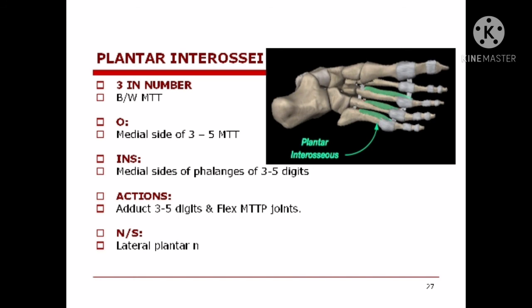They arise from the medial side of the third, fourth and fifth metatarsal bones. The insertion is on the medial side of the phalanges of the third, fourth and fifth digits. Their action is to adduct the third, fourth and fifth digits and flex the metatarsophalangeal joints. Their nerve supply is the lateral plantar nerve.